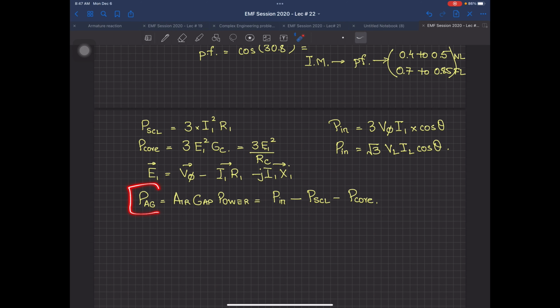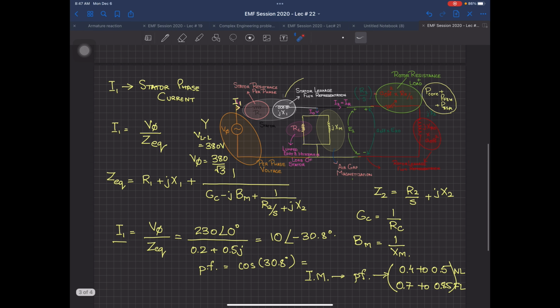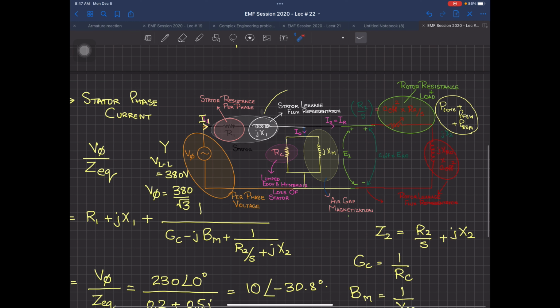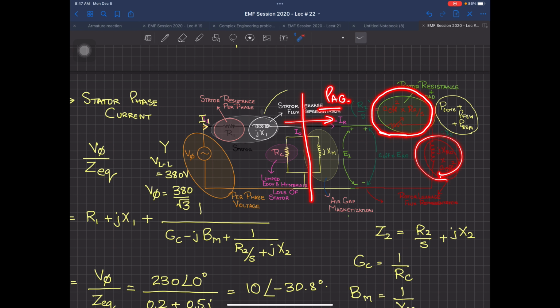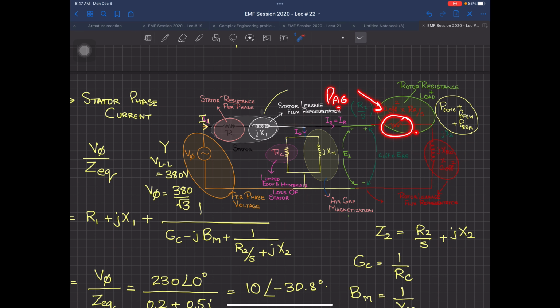Now what is this air gap power? This air gap power is the power which is entering this line over here, and when it enters this line on the right hand side, this is always going to be consumed inside this resistor, because active power always goes inside a resistor. It does not go inside the inductance or reactance. So all of this air gap power will be consumed inside this resistance. And what is that resistance value?